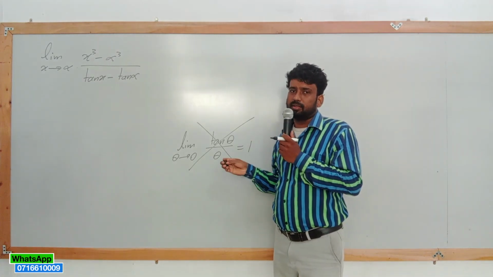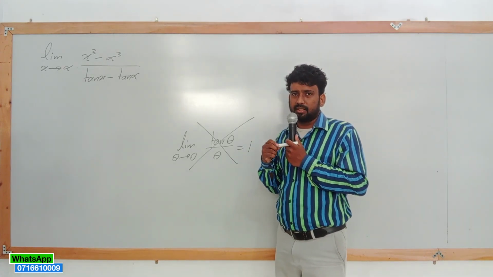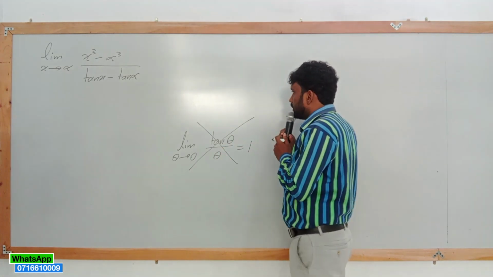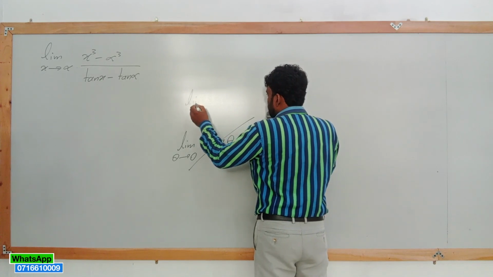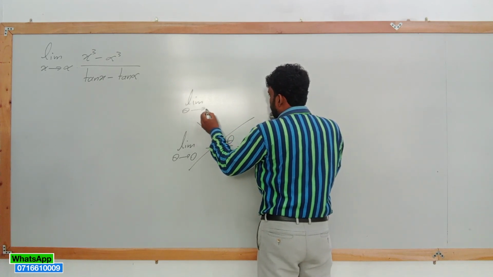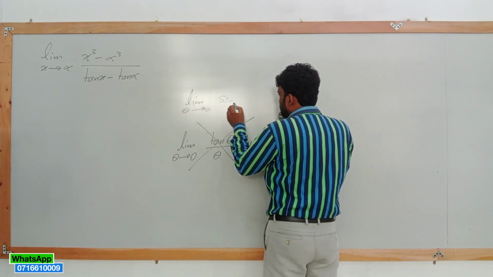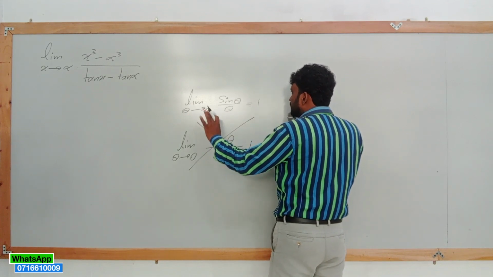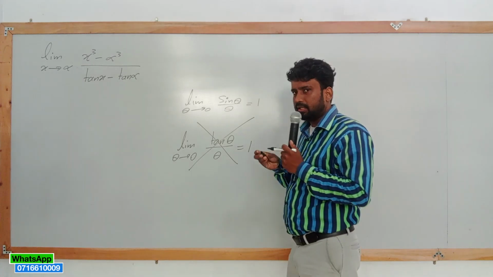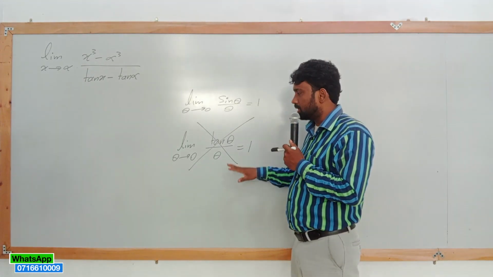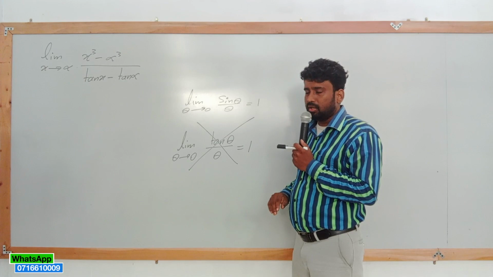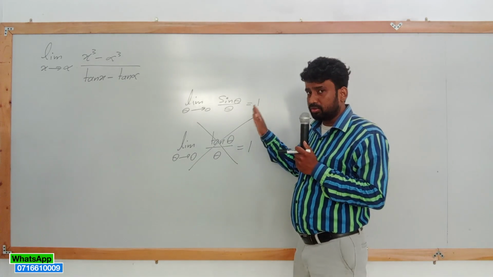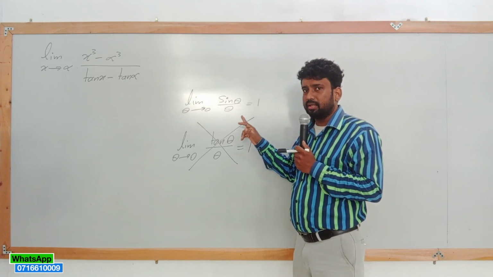You can't use this theory. You can only use this one: limit theta goes to 0, sin theta divided by theta equals 1. That is correct. Your new syllabus has only this one, right?